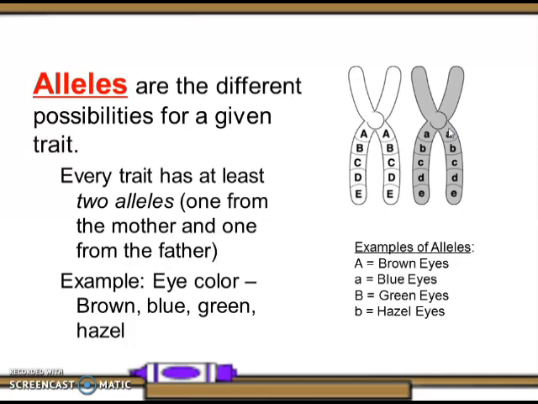Alleles contribute to the organism's phenotype, which is the outward appearance of the organism. Remember that every trait has at least two alleles, one from the mother and one from the father. Examples like eye color: brown, blue, green, and hazel.